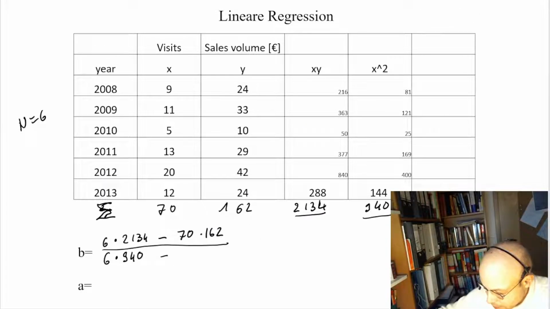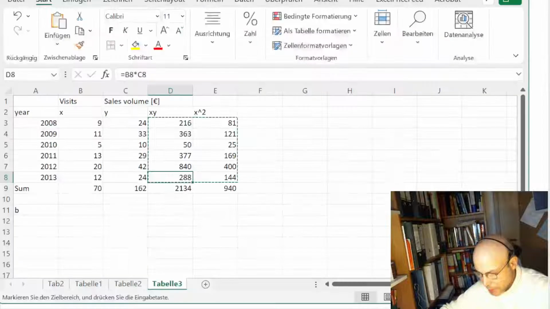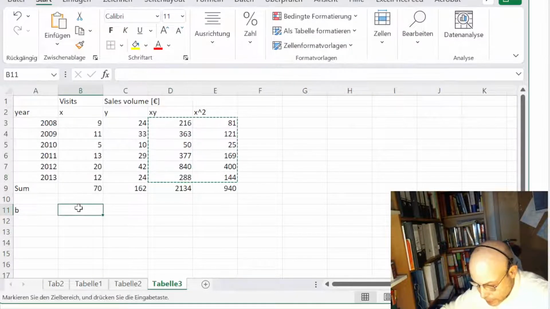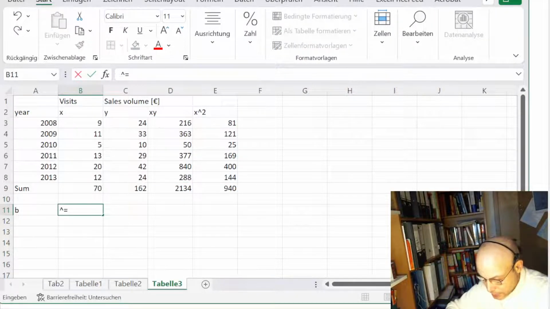So the sum of x is 70 squared, and this will be then, let's calculate this here.